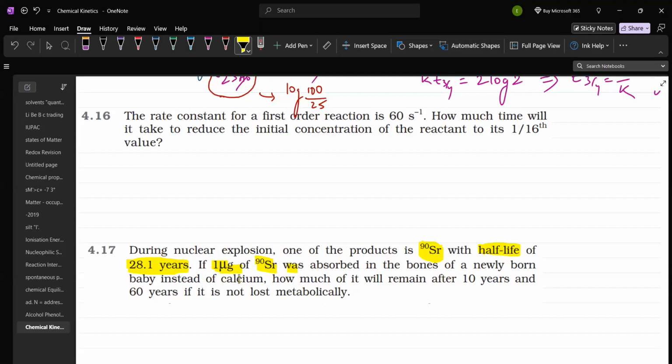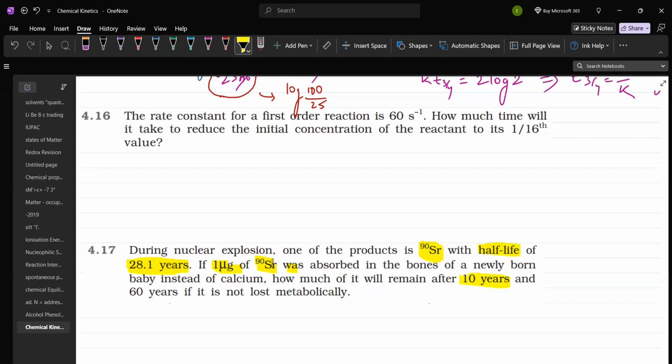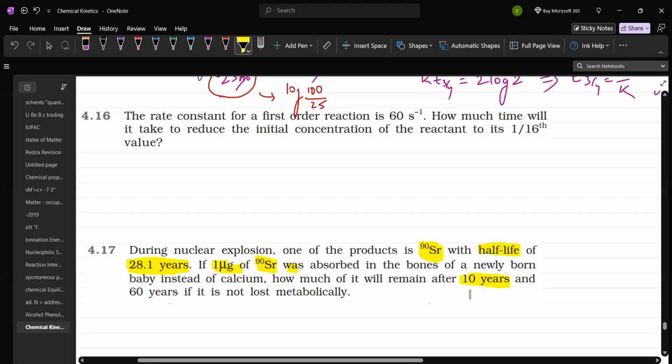The question is how much amount of it will remain after 10 years, when the baby is 10 years old, and also for 60 years.